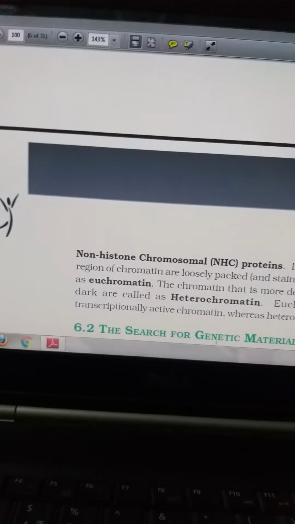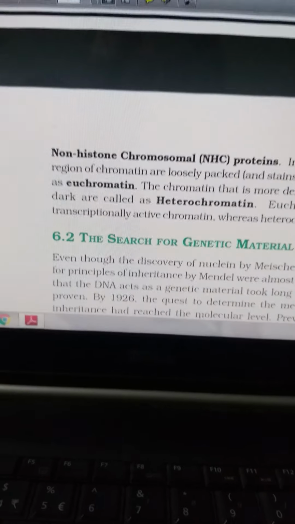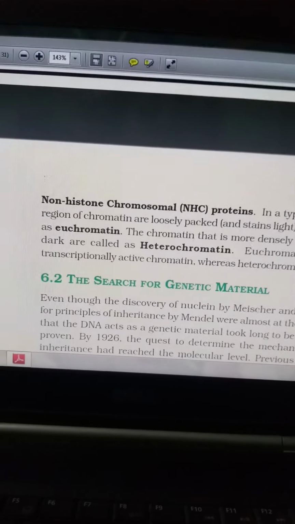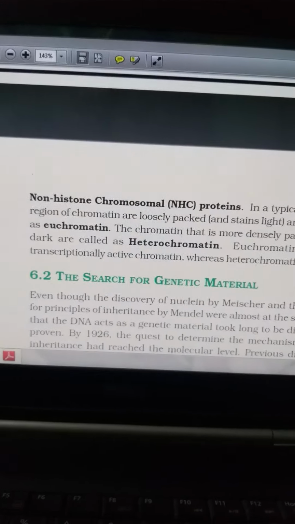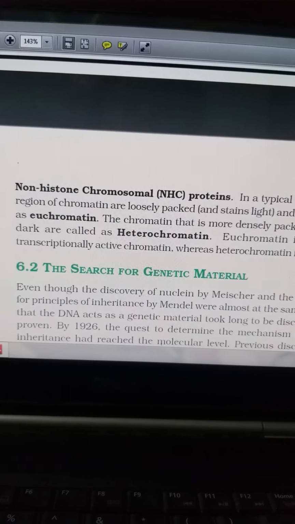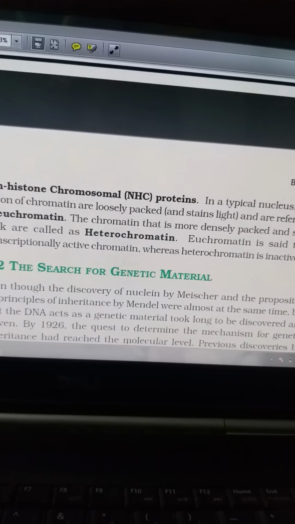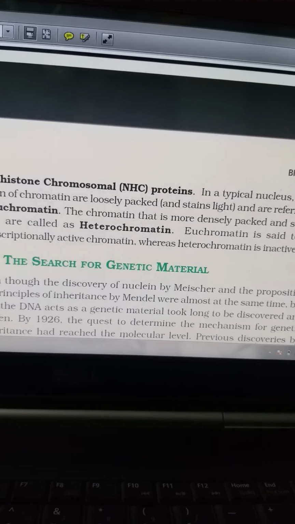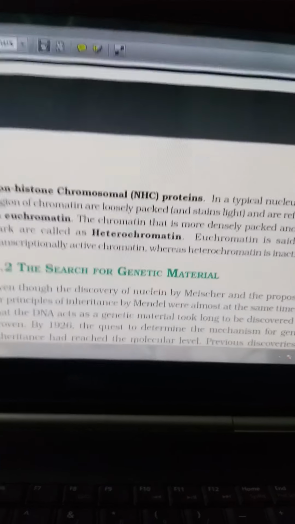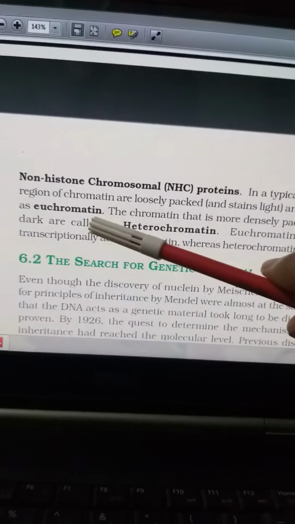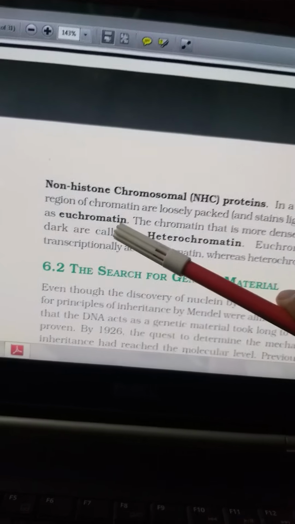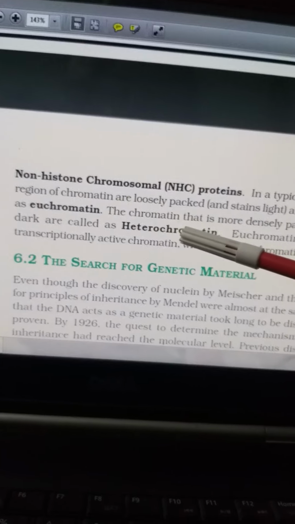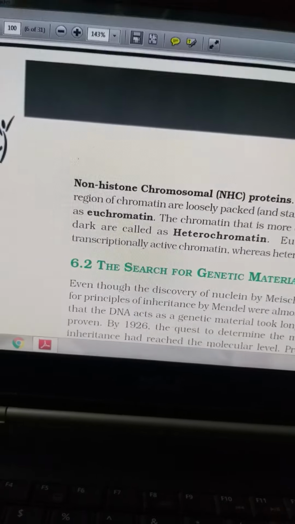Now you see, if you stain it, with the non-histone chromosomal NHC proteins, the lighter stain is known as euchromatin, and heterochromatin is the more densely packed, dark-staining part. Euchromatin is said to be transcriptionally active, so the lightly staining portion is chemically active, whereas heterochromatin is basically inactive.